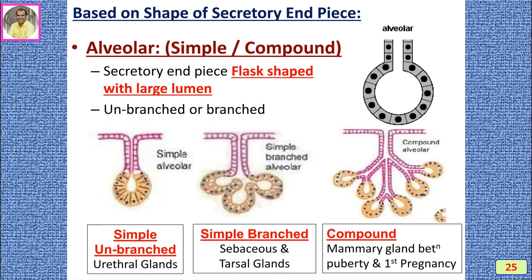An example of unbranched is the urethral glands, bulbourethral glands, whereas simple branched alveolar glands are sebaceous glands and tarsal glands, whereas the compound gland is the mammary gland. So, the mammary gland is a compound alveolar gland, and it develops between puberty and post pregnancy.